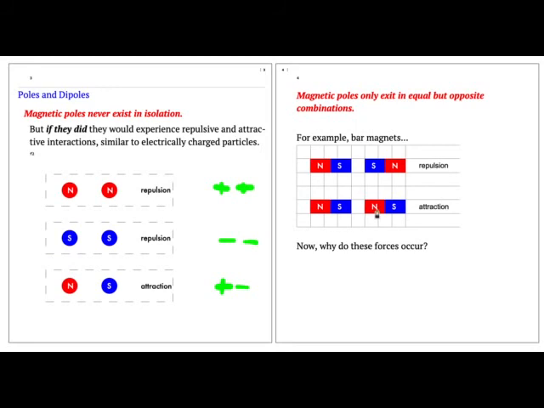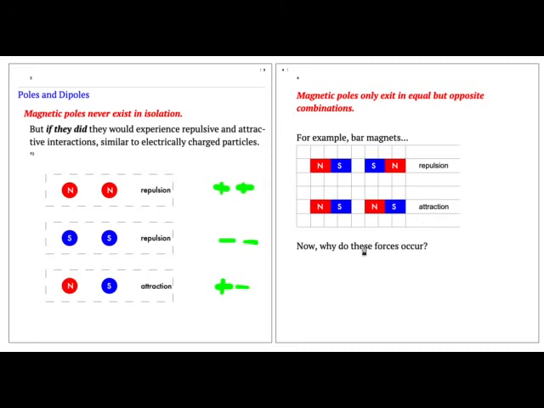On the other hand, if you had the other orientation, then the north pole would attract the south pole, and that would be a stronger force than, for example, the repulsion between the south pole and the south pole, or the north pole and the north pole. In this orientation, there's an attraction, an attractive force, because the closer together poles are south and north.